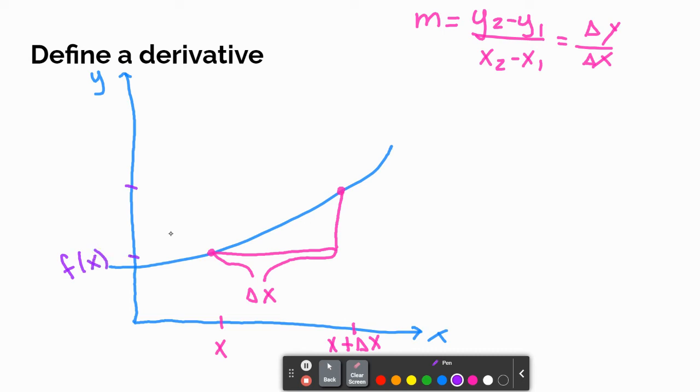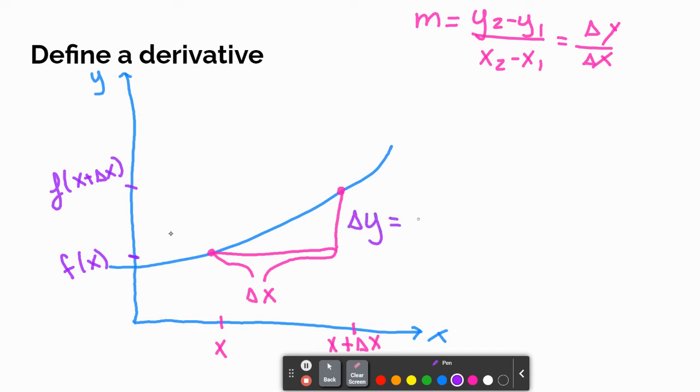So at some point on the graph, that's f of x. And then I have a change in y again, but this is dependent on whatever x plus change in x is. So this one is going to actually be f of x plus the change in x. And that's going to define the change in y.